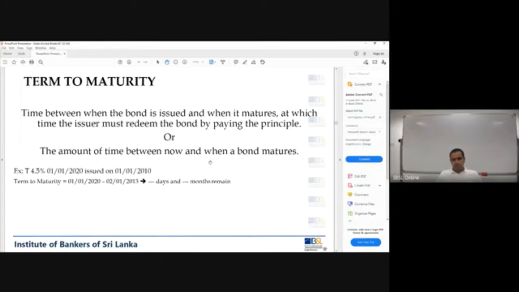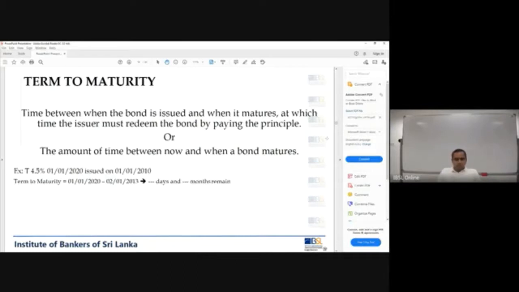Right? So you can buy a bond when it's first issued or in between. Either you buy it at the beginning and hold it until maturity, the entire duration of the bond, or if you buy it in between, the time until the bond matures is called term to maturity.